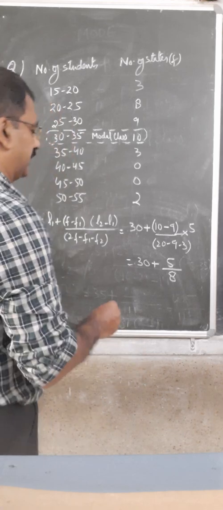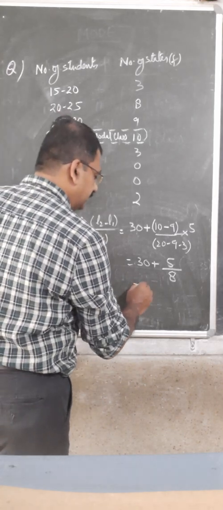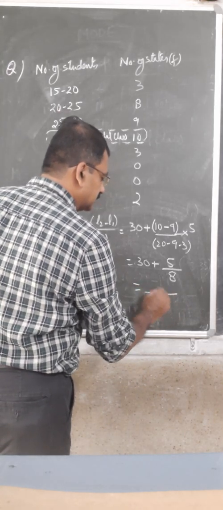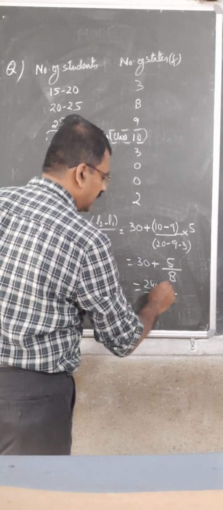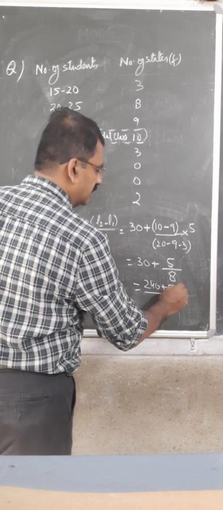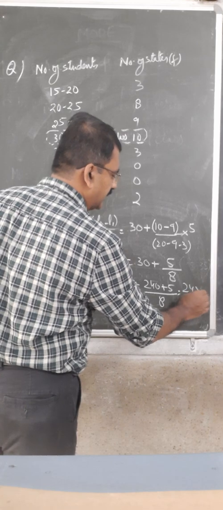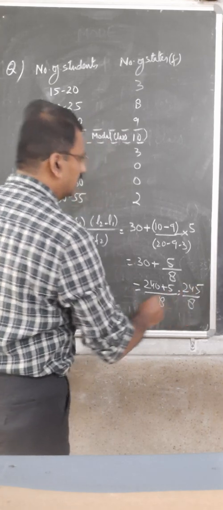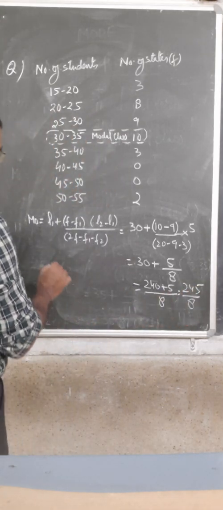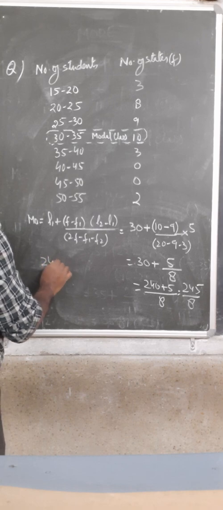Now if you take 8 LCM, then 240 plus 5, so 245 by 8. You divide 245 by 8.